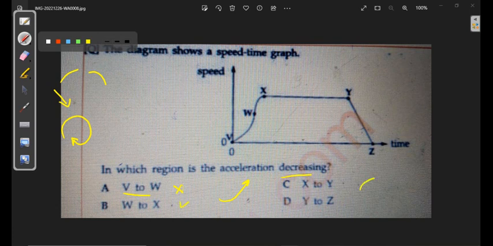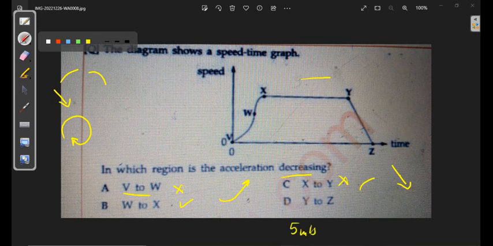From X to Y, this line here, this can't be it. Then from Y to Z, this line is looking like this, so this is constant deceleration, not acceleration is decreasing. For example, if we are decelerating at 5 meters per second, we'll continue decelerating at that rate.